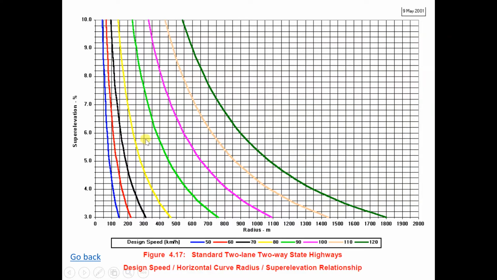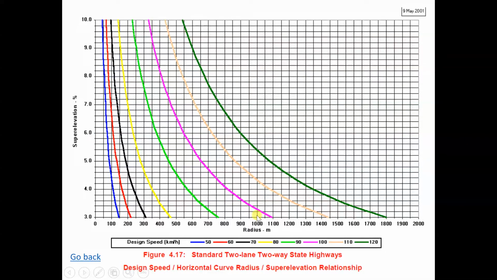So at this point here, the super elevation required for this 85 percentile speed of 80k, which is 74 here, is actually about 5.8. The super elevation that needs to be provided is 5.8.